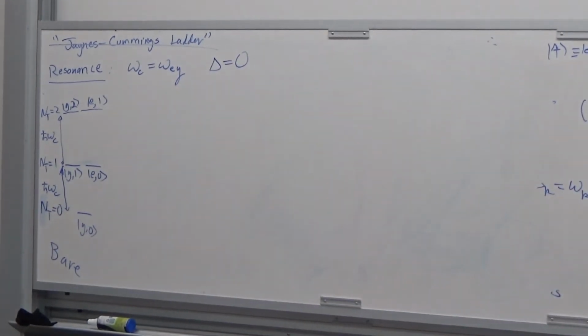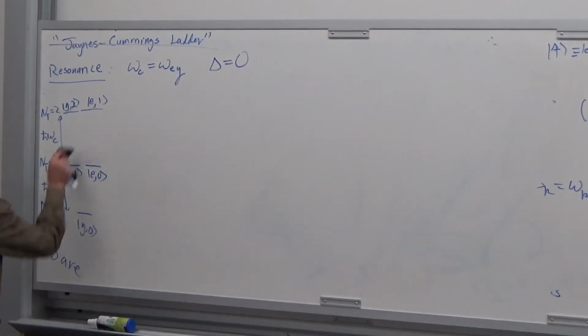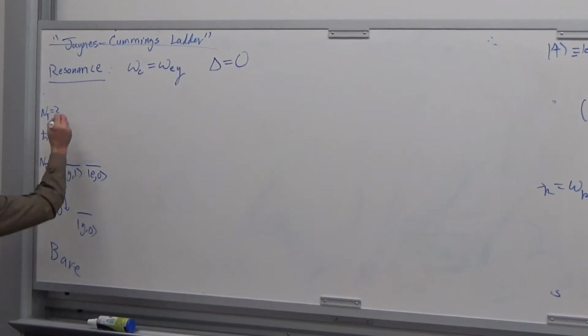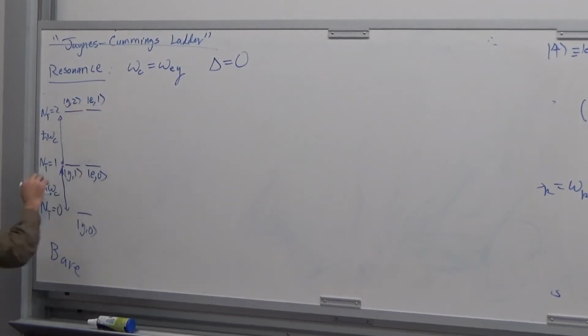Either I have the energy in the atom or the energy in the cavity, and if I have one excitation, two, etc. Now I'm going to turn on the coupling. What happens to these levels? Well, they split. They split due to the coupling.